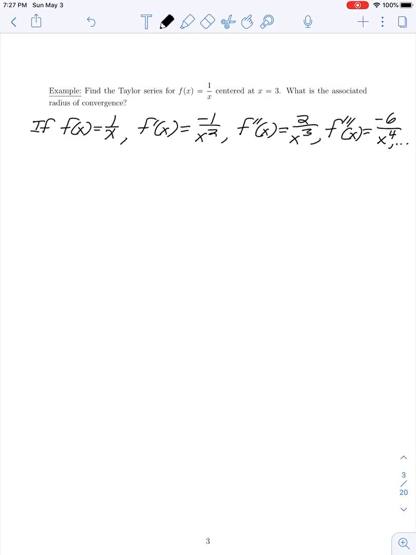And we start to see a pattern emerging here. So let's see if we can come up with a general expression for the nth derivative. So looking at the terms that we found here, let's consider the numerator and denominator separately. So we see that our denominator for the first derivative is x squared.